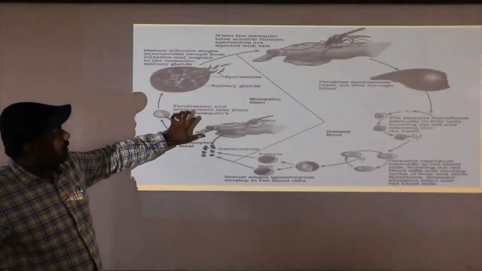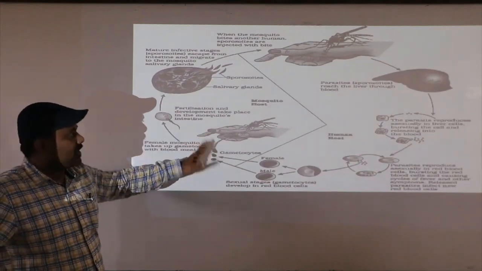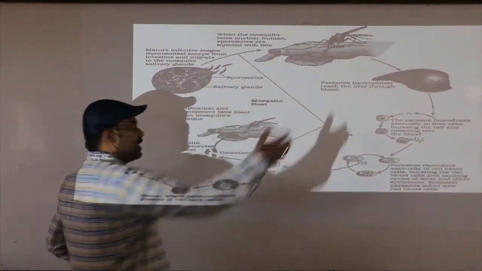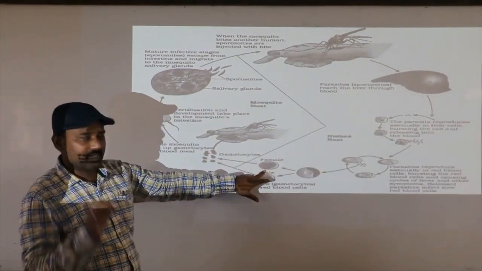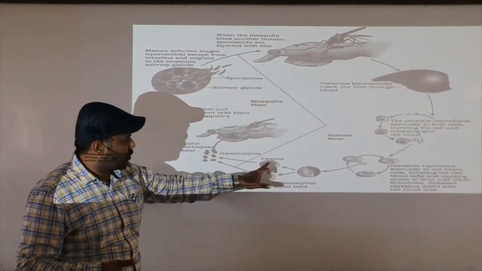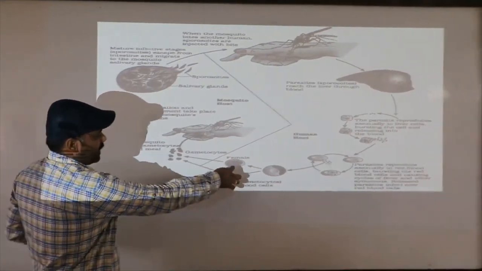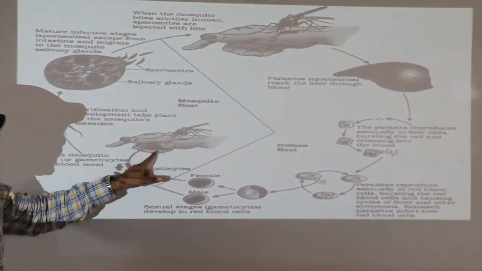So this is there in the NCERT book. This is the life cycle in the case of the mosquito, and this is the life cycle in the case of human beings. So we'll start with this one. Imagine this is human. The human blood contains male and female gametes. Next, when this mosquito bites a normal person, it sucks the blood.